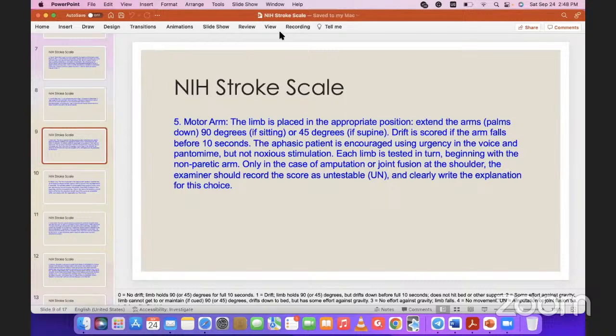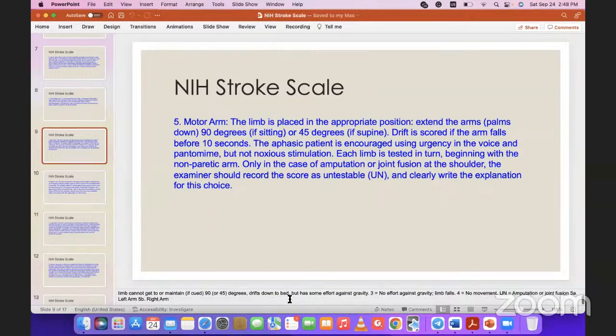I give him 2 if he has some effort against gravity, but he cannot get or maintain 90 or 45 degrees. I give him 3 if there's no effort against gravity, and 4 for no movement, and untestable if he has amputation or joint fusion.